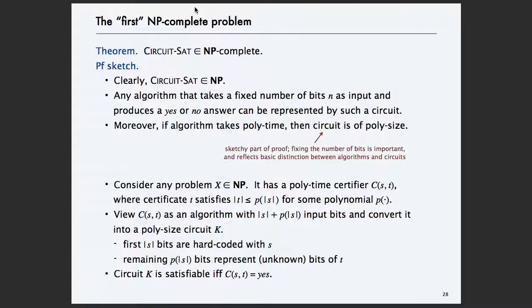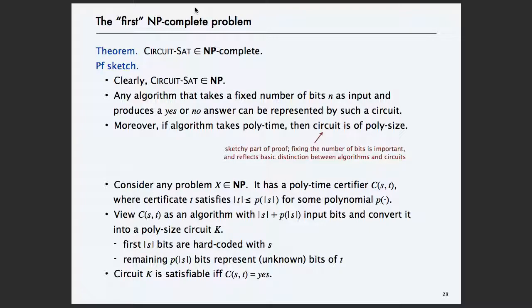So given that, we could, whatever it is, convert it into a circuit of that size, right? And so the circuit K is satisfiable if and only if the certifier would say yes.